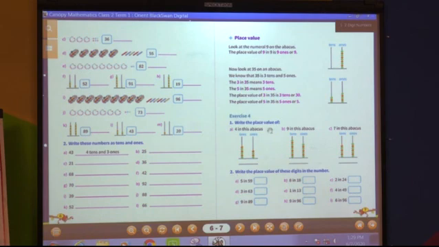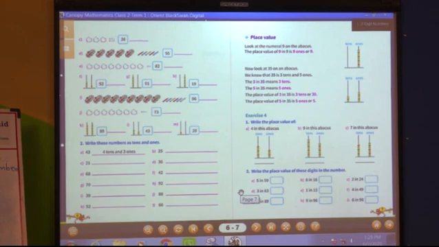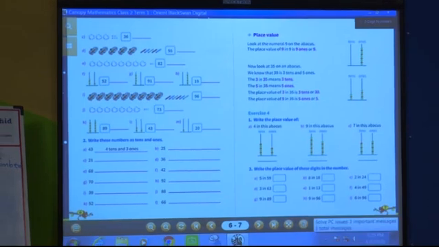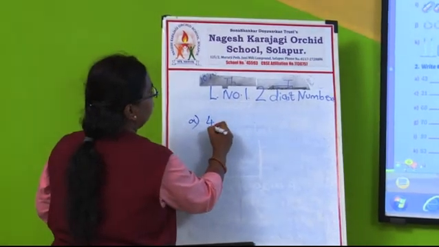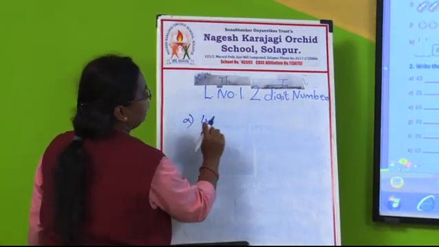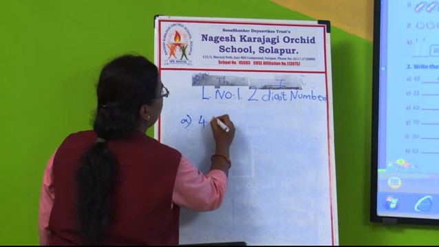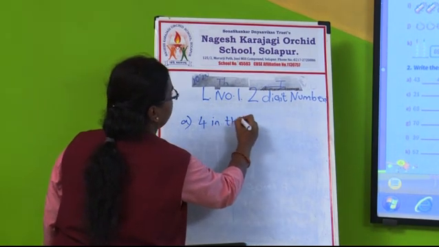Now see here, write the place value of 4. Only 2 examples I will show, then the remaining you can solve as homework. First example: write the place value of 4 in this abacus.